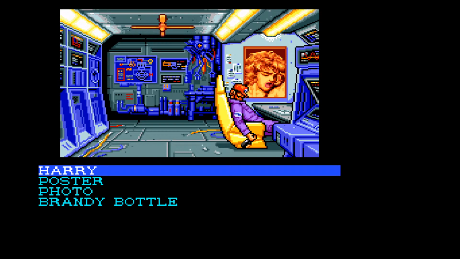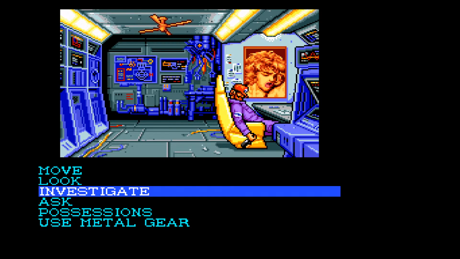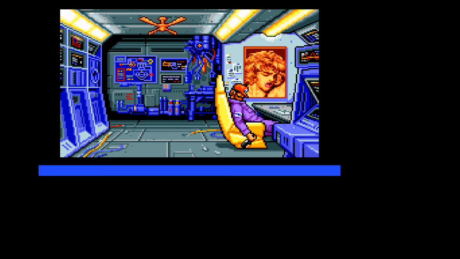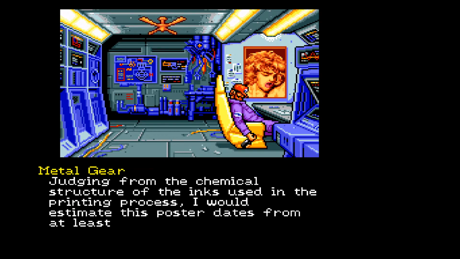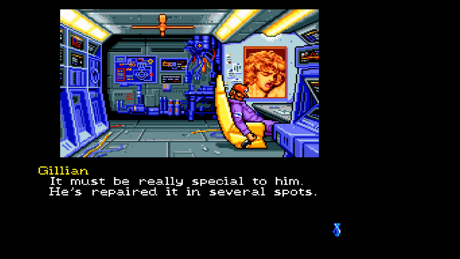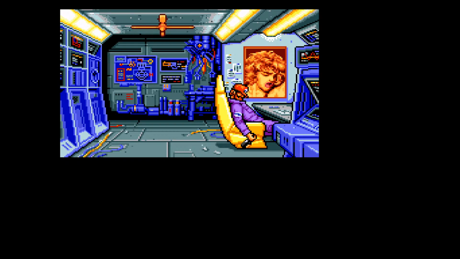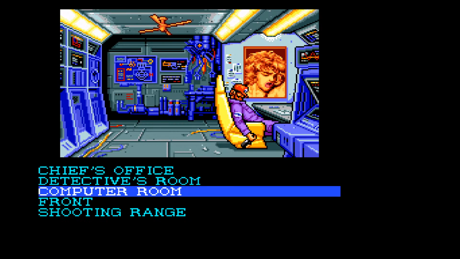Let's look around a little bit more before we take off. Maybe him and his wife split. Okay, let's go back to the computer room.